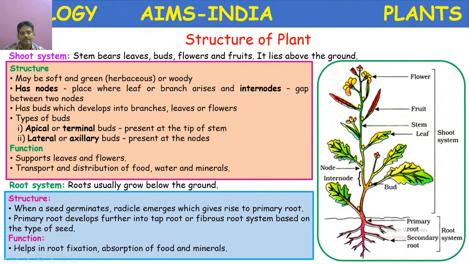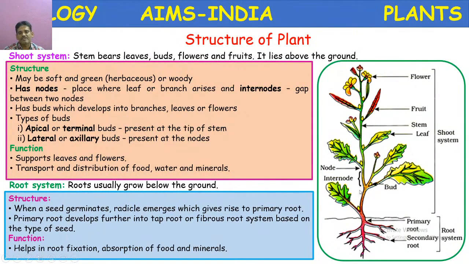Lateral bud means the bud which is present in the axil of a leaf. Such buds are called lateral buds or axillary buds. These are the buds which germinate to produce branches, flowers, etc.